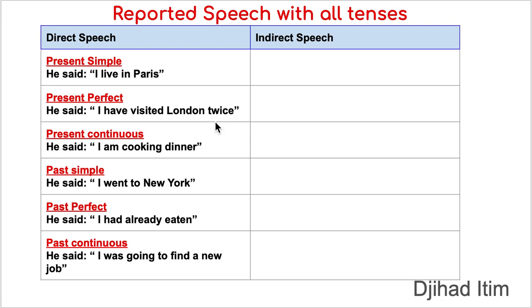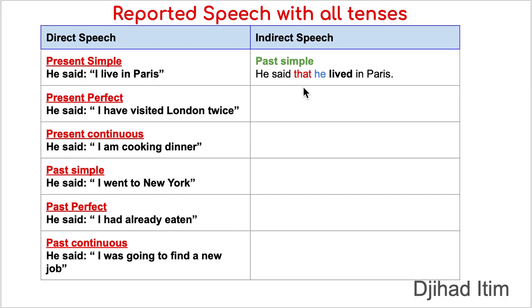And here we go, here we start. For this first one, we say from the present simple to the past simple. For instance, he said that, we omit the colon and the quotation marks and we write that.